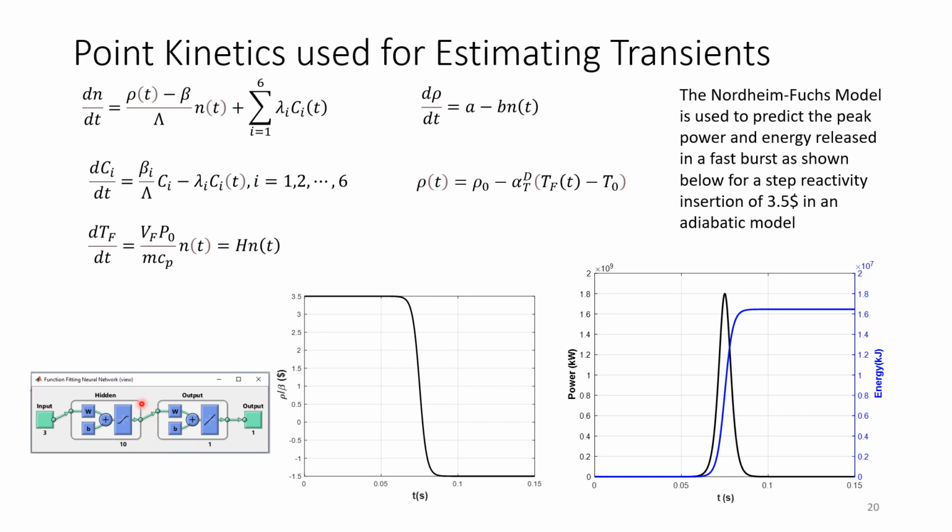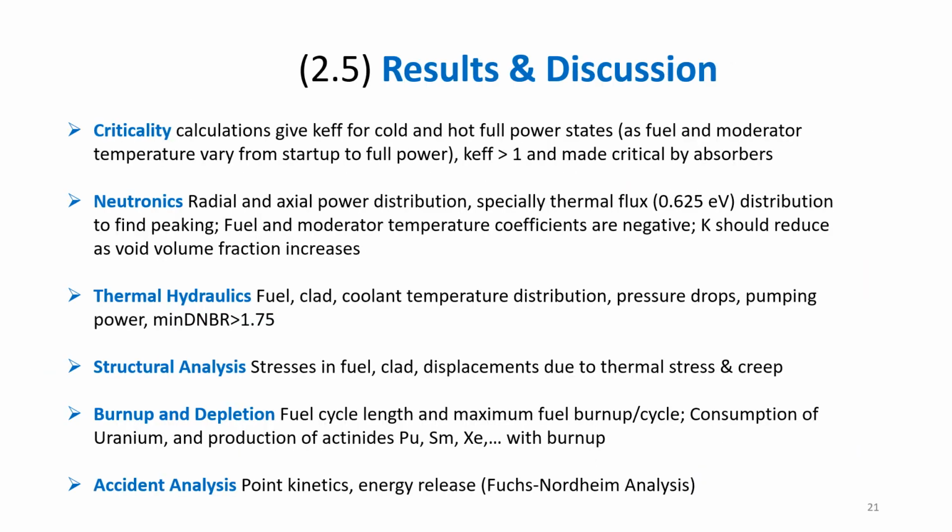For example, the neural network tool on MATLAB allows you to generate a function when you've trained the neural network on the data that you've provided. So that sort of ends my overview on criticality, neutronics, thermal hydraulics, structural analysis, burn-up and depletion, which is also a very important part, and accident analysis.